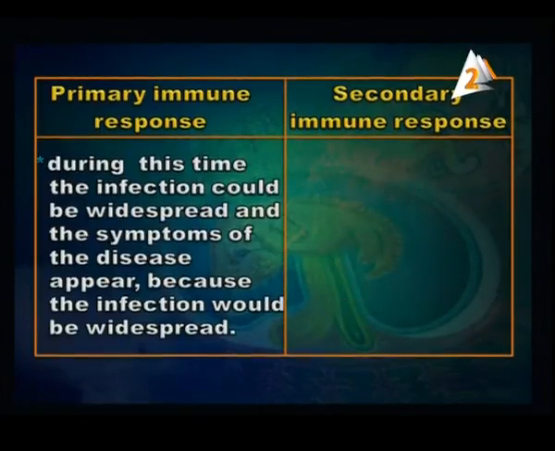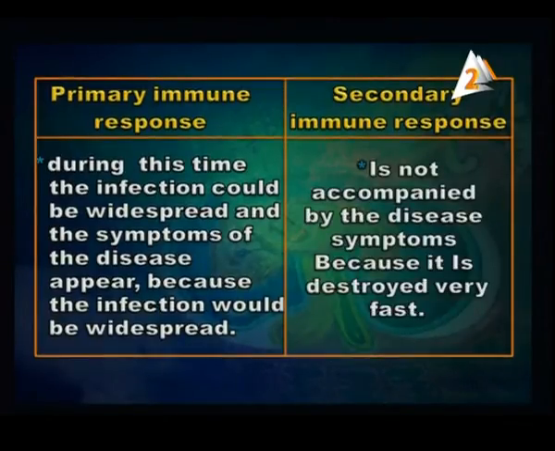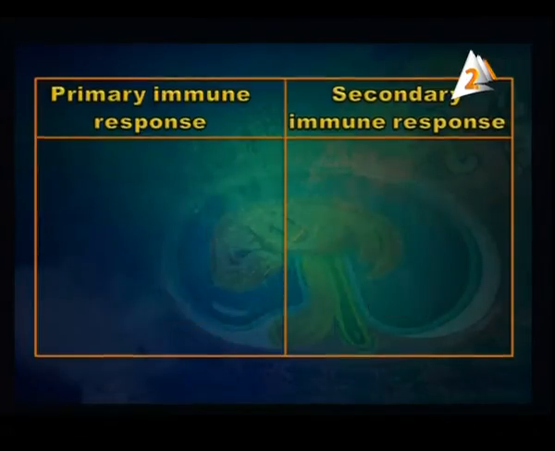During the primary immune response, the infection could be widespread and the symptoms of the disease appear because the infection would be widespread. While the secondary one is not accompanied by the disease symptoms because it is destroyed very fast.